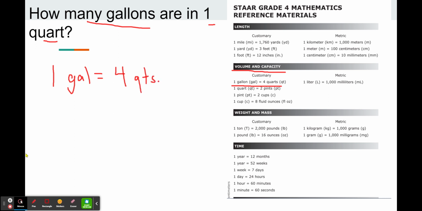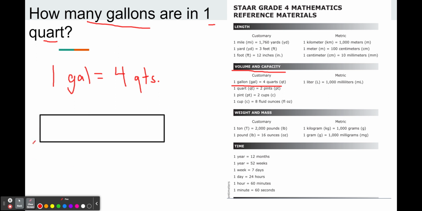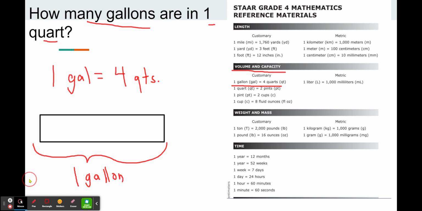So I have this strip diagram here that's going to represent 1 gallon. I want to figure out how many gallons are in 4 quarts, right? Now I know that it takes 4 quarts to fit into 1 gallon.